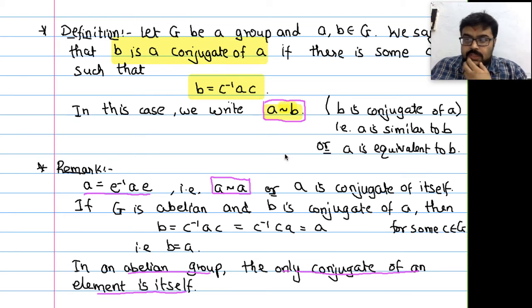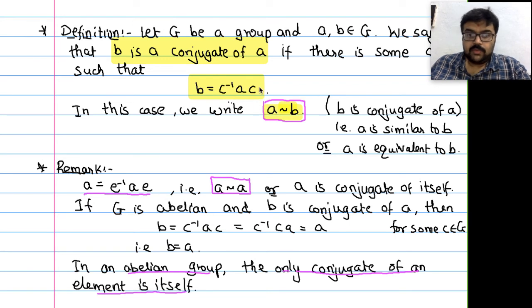So the question is: if the group is non-abelian, and if we pick any A in G, is it always possible to find another conjugate other than A? As you can observe, we don't need the group to be abelian.